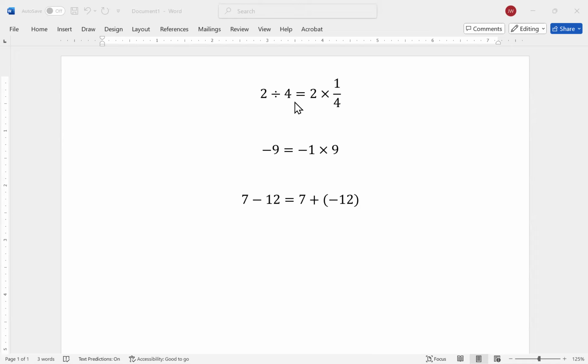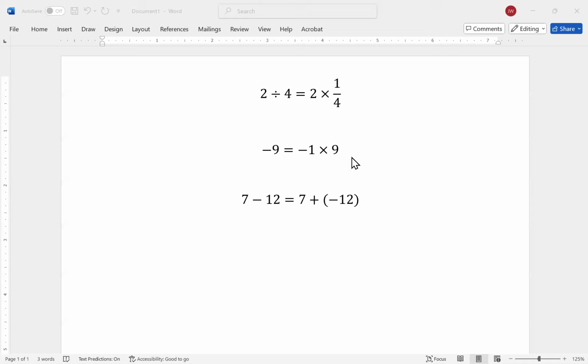Every division problem can be rewritten as multiplication. And then applying a negative sign in the multiplication is like multiplying by a -1. So -9 is the same thing as -1 times 9.